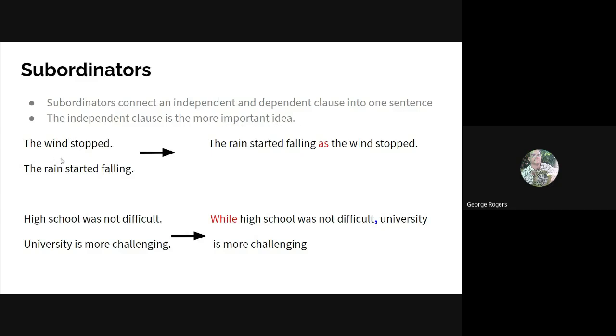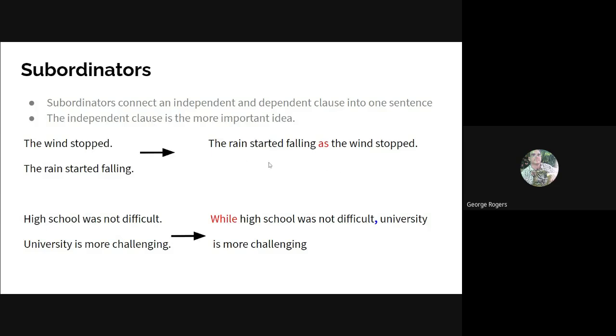So here's an example. The wind stopped. It might answer a question. Somebody might say, what happened with the wind? And somebody might say, the wind stopped. But if you just say the wind stopped, that's not quite complete. There's something you don't have. But the rain started falling, that definitely qualifies as a complete sentence. So that's the independent clause.